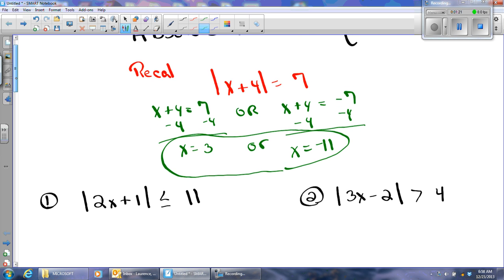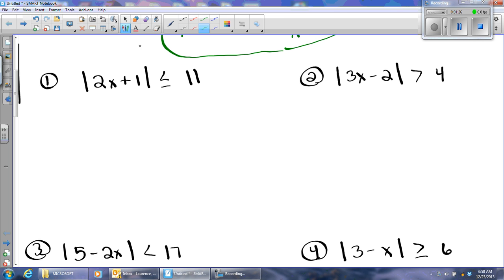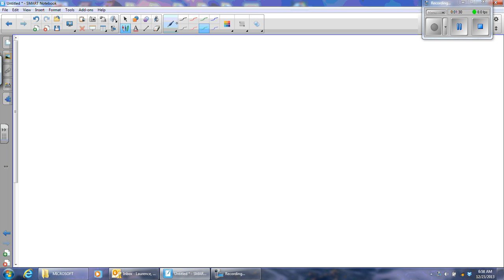Okay, so when we come down here to do the absolute value inequalities, it's really pretty easy. It's very much the same thing, except one thing you need to know is that when you see this symbol or this symbol, I like to intentionally misread those. I like to call that a less than. Those are my ands.